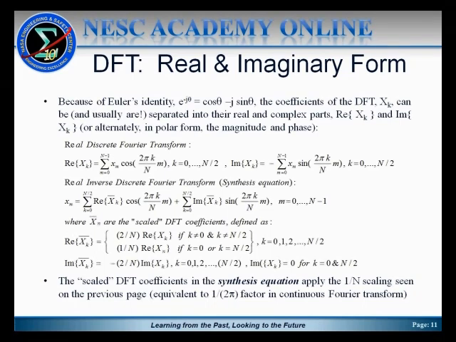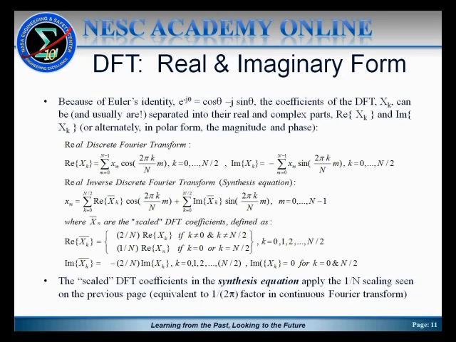If you're at the endpoints, k equals 0 or k equals n over 2, the scaling of the real discrete Fourier transform coefficient is 1 over n. Likewise, the scaling for the imaginary coefficients, denoted as Im of X sub k with a bar over it, is minus 2 over n times the imaginary part Im of X sub k, again computed from the equation at the top of the slide towards the right.